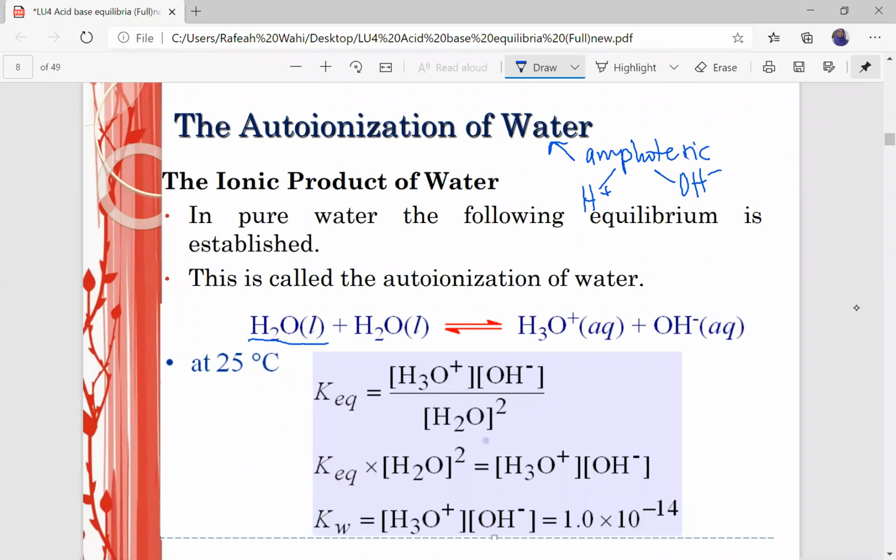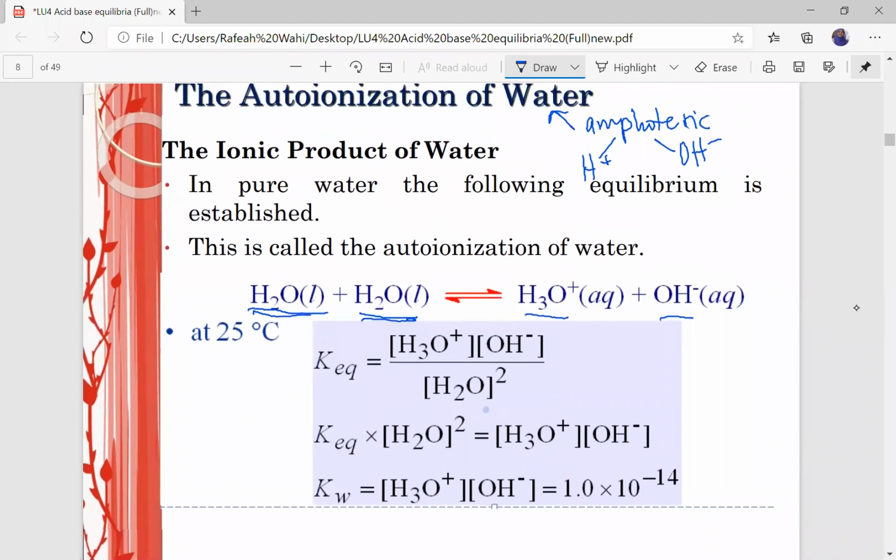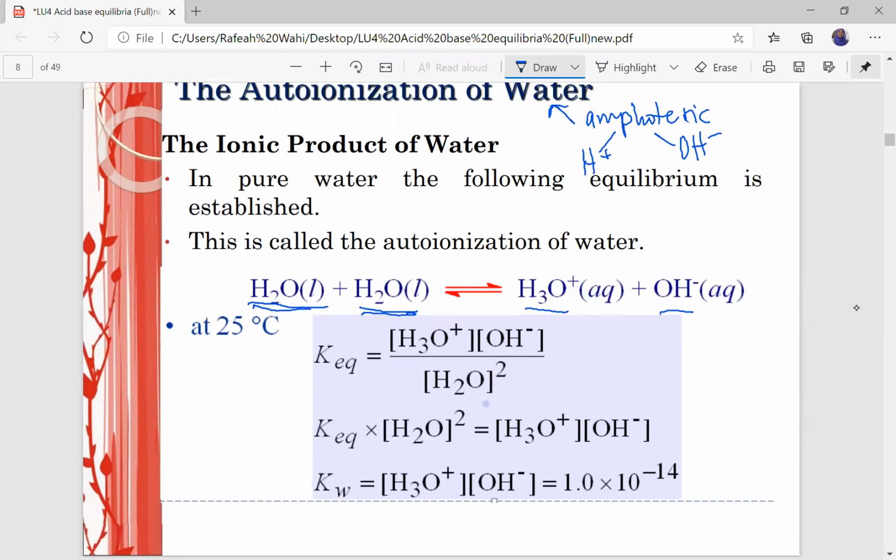We have molecules of water, molecule 1, molecule 2, let's consider these two. They can dissociate into hydronium ion and also hydroxide ion. This process is reversible. The hydronium ion and the hydroxide ion can turn into water molecules, and the water molecules can revert back to the hydronium and hydroxide ion. So this process is reversible and constantly happening in water.